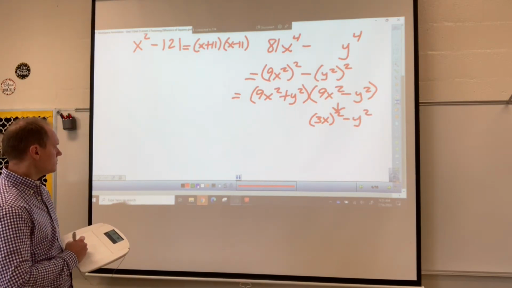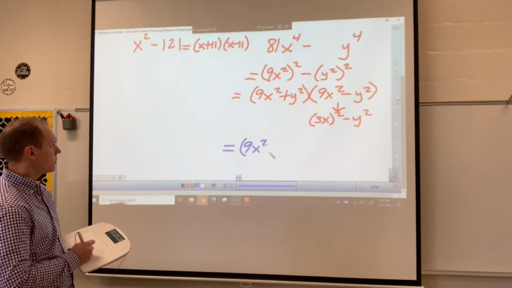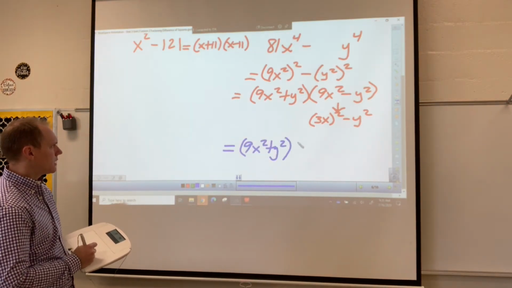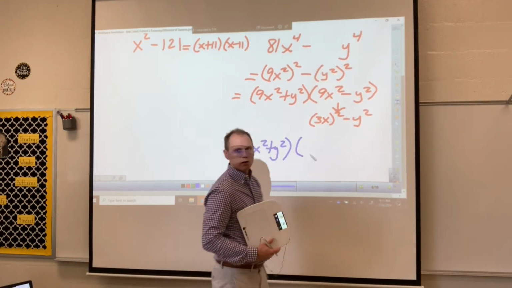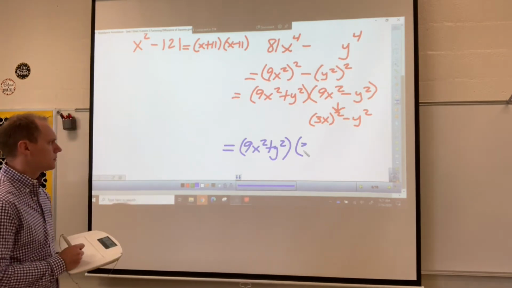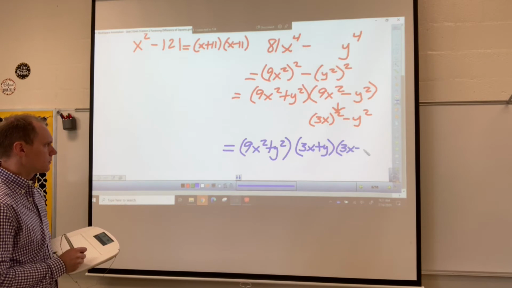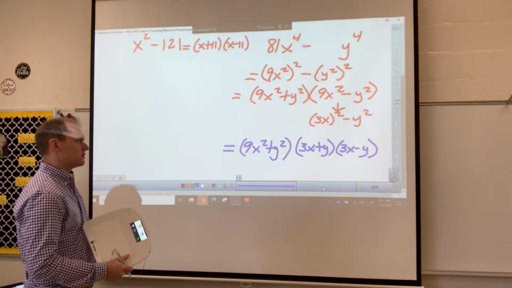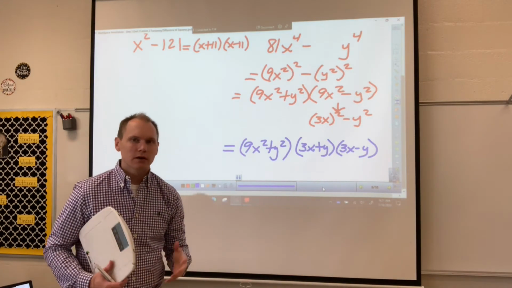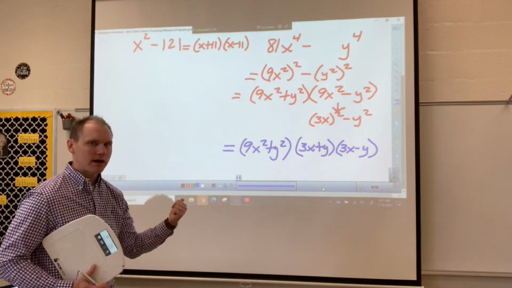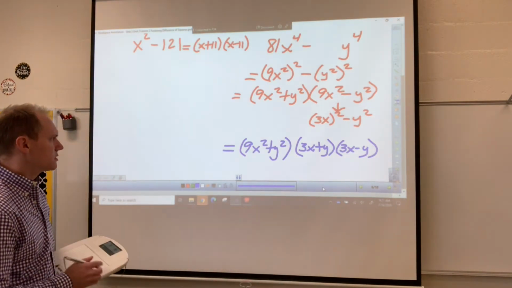So, in our next version of this, it's going to be 9x squared plus y squared times 3x plus y, 3x minus y will be our final version here. And that is as far as we can take it on this one. All right? So again, as long as you can write it as difference of two squares, you can factor it in this way: a plus b, a minus b, in terms of the general format.